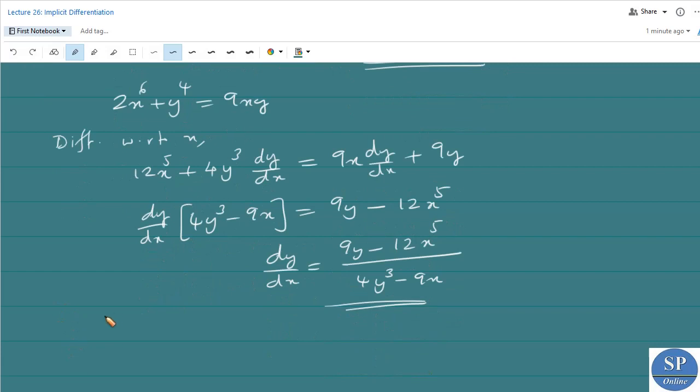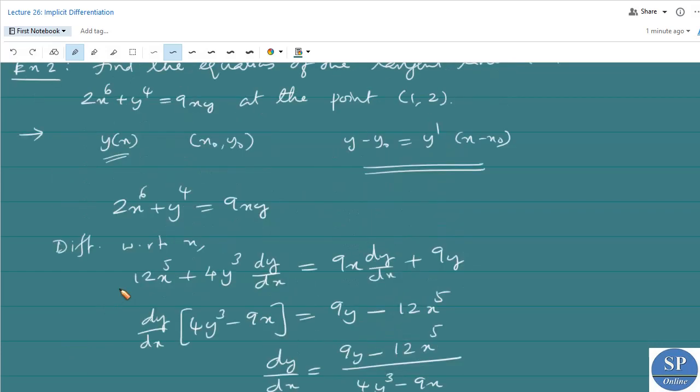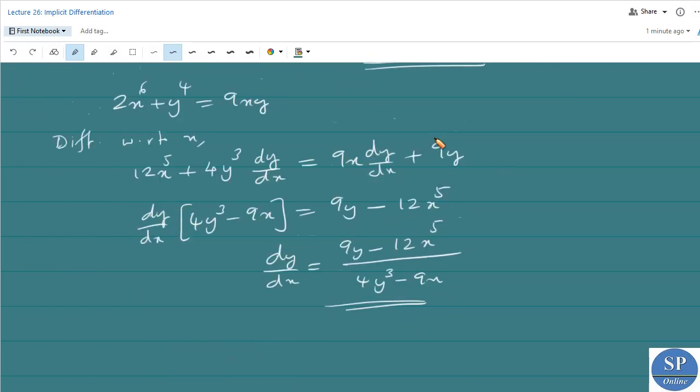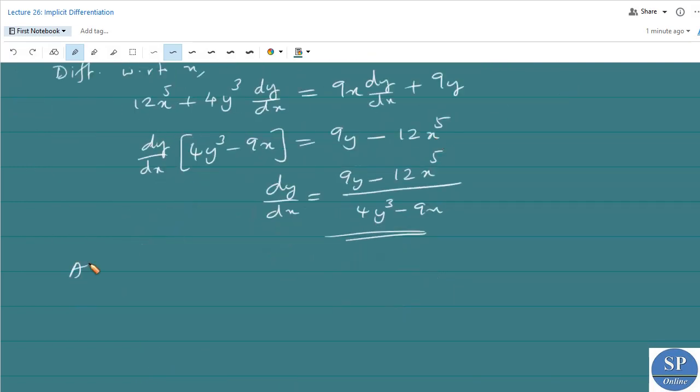Now we have the point 1 comma 2. We have to find the tangent line at the point 1 comma 2. So at the point 1 comma 2 we have x equal to 1, y equal to 2.